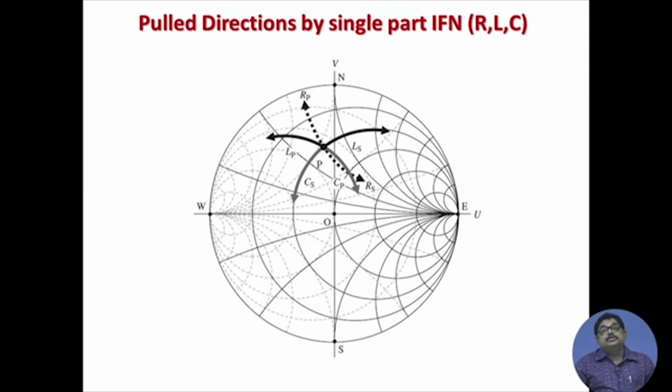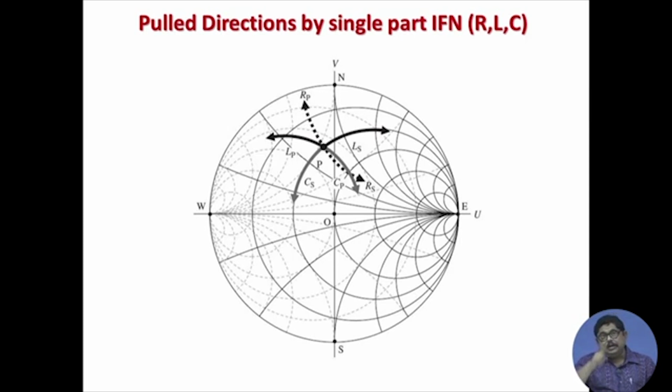Now, the point is that from one point P, suppose that the return loss is not acceptable, I want to come closer to a lower return loss circle. With the help of this impedance matching network, I can be pulled to various impedances.